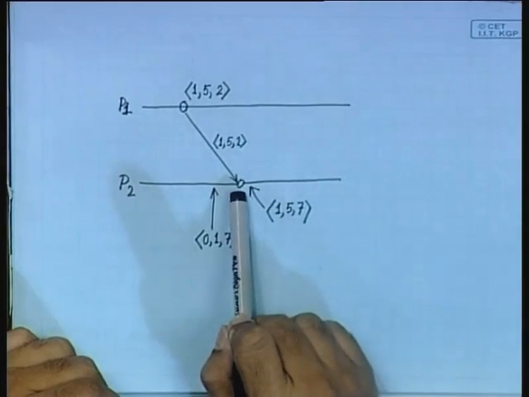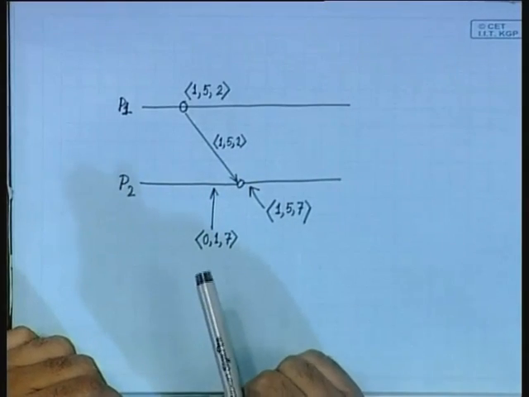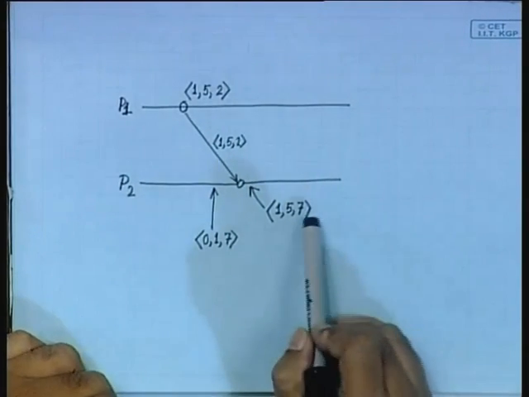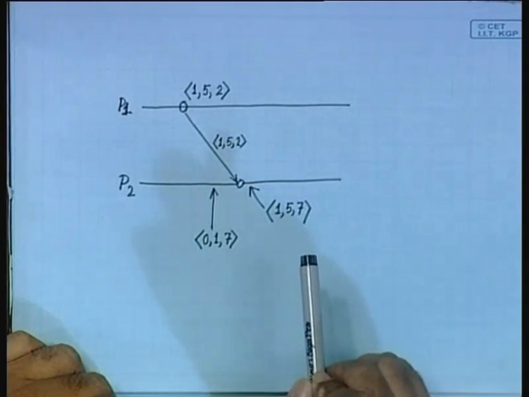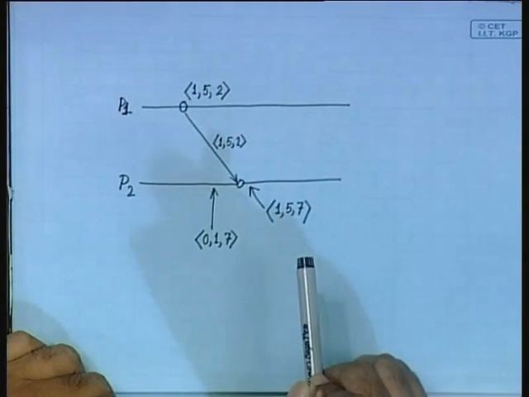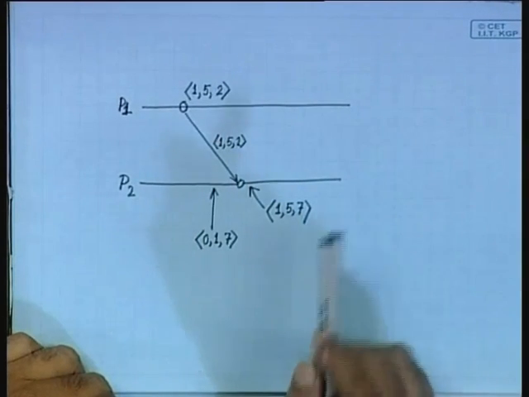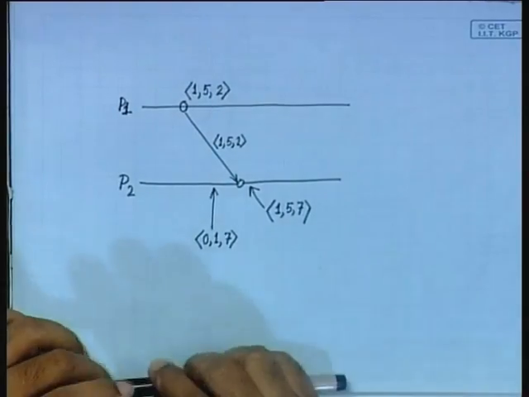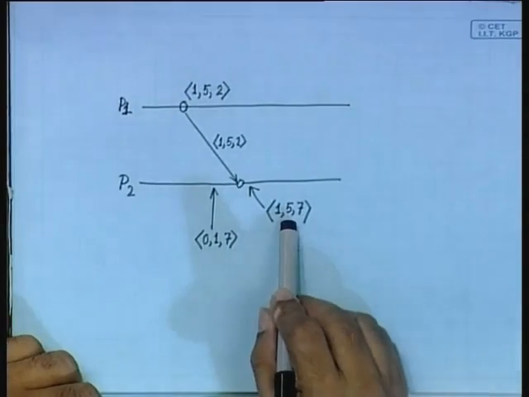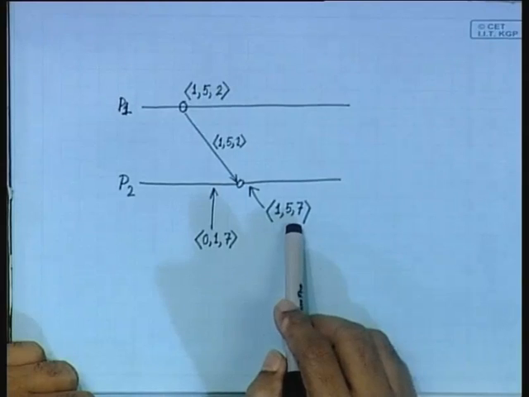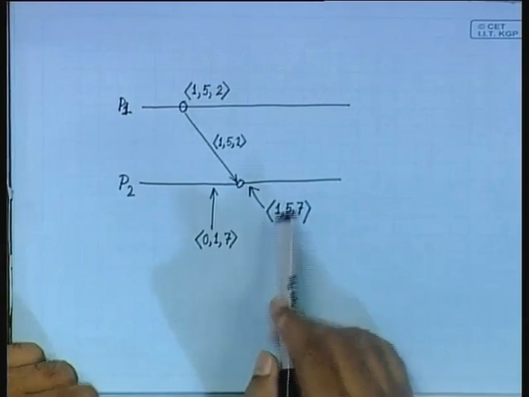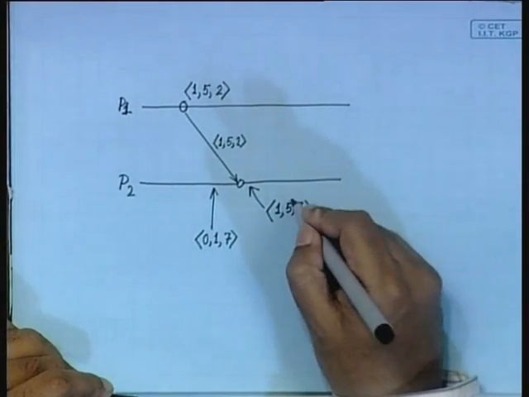For the local clock, it will again increment it by 1, because every local event will increment the local clock by 1. This is different. So, we will increment the local clock by 1. So, P2's dimension, namely 5, this will become 6.